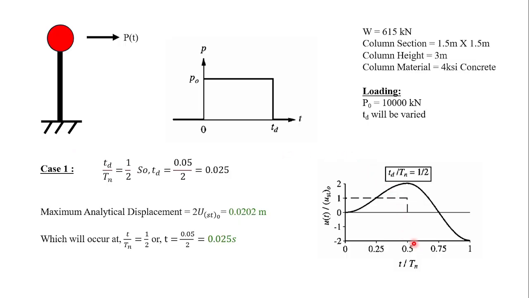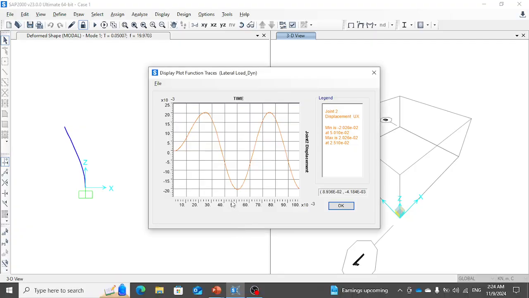We are supposed to get the maximum value of 0.0202 at the time instance of 0.025 second. So we'll now observe the graph. The maximum value is found to be 2.026 into 10 inverse 2, which is equal to 0.0202. So we are getting the maximum value of 0.0202.